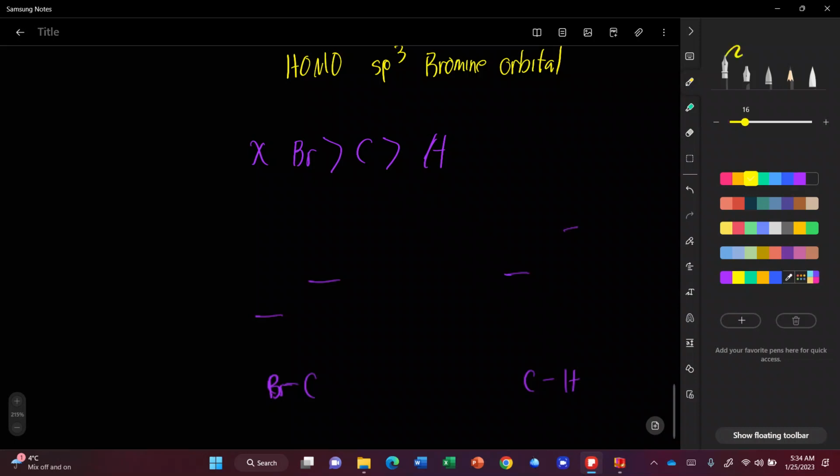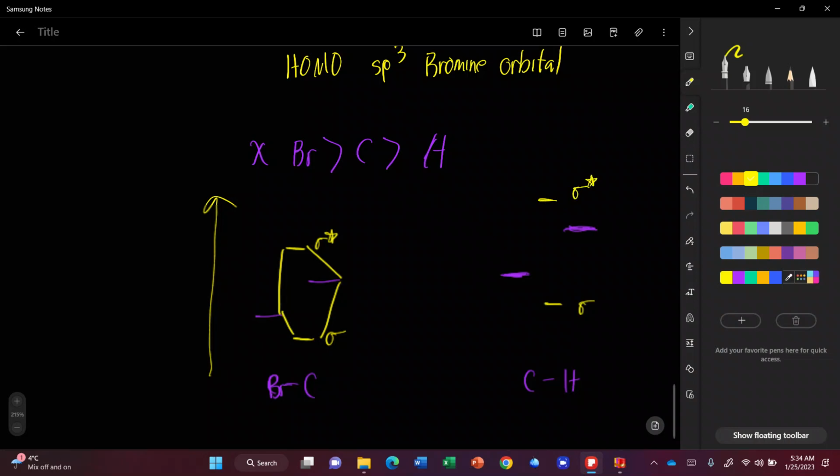So when carbon and bromine form a sigma and a sigma star, because the overall energy is lower, both the sigma and the sigma star are going to be pretty low. But because the carbon and hydrogen are much higher in energy, the resulting sigma and sigma star will be higher.